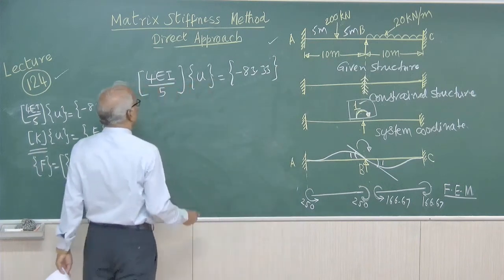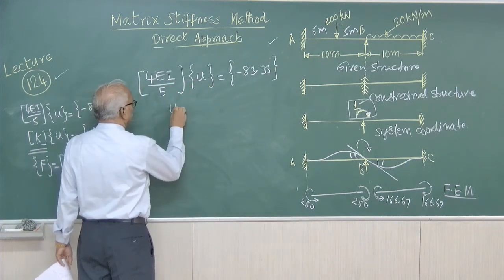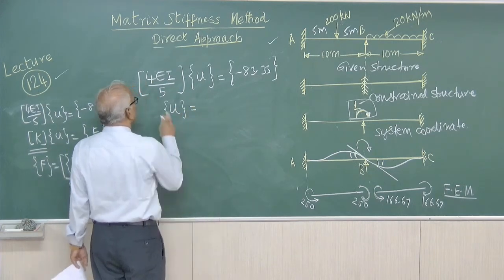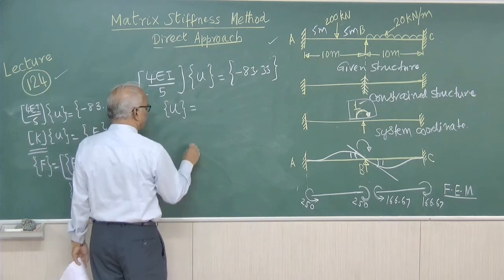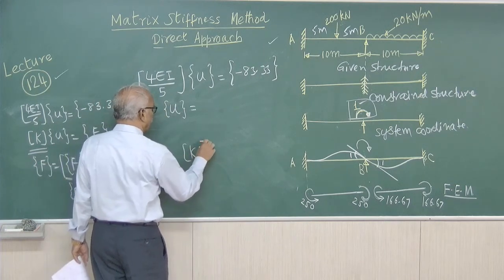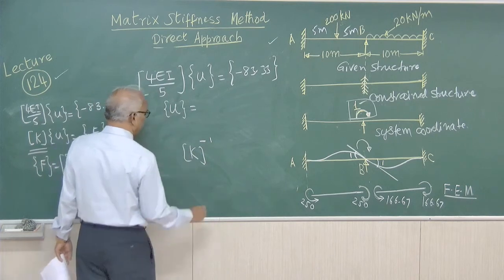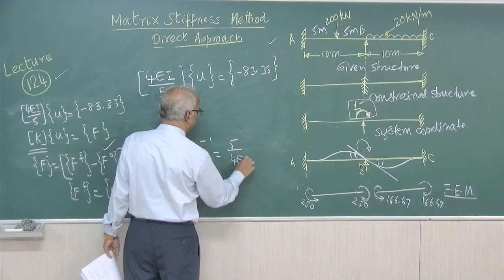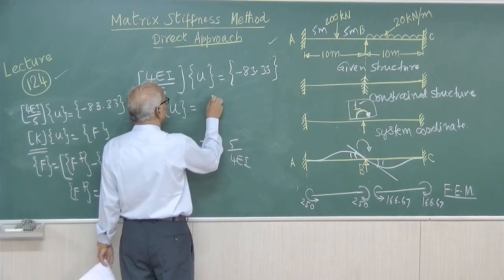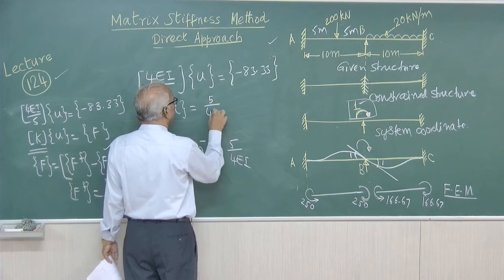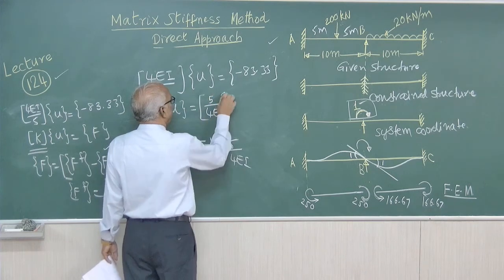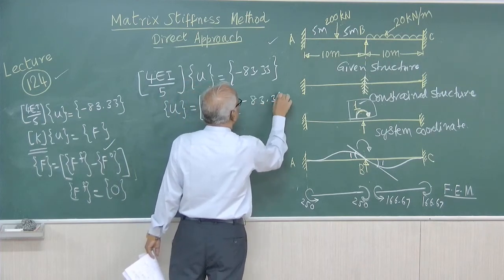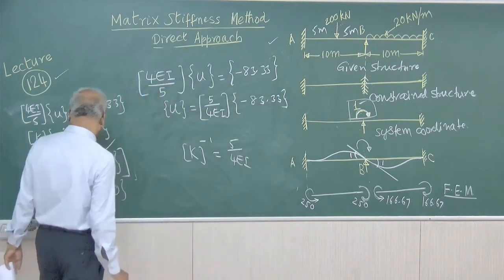Right. Now the unknown is the displacement. So U equals K inverse, and K inverse will be 5 by 4EI. Therefore, U equals 5 by 4EI into minus 83.33.